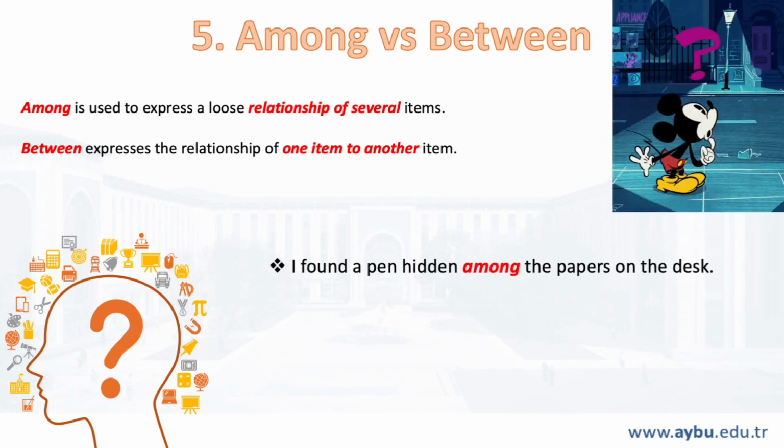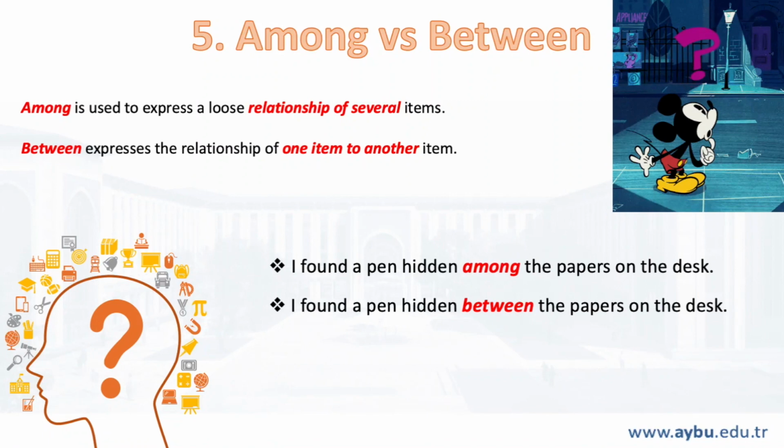You can see this example. I found a pen hidden among the papers on the desk. I found a pen hidden between the papers on the desk. If you're using between, there's a relationship of one item to another, but if you're using among, there are several items.